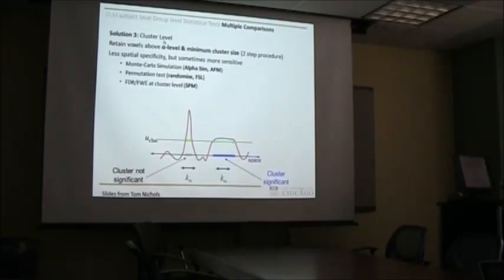But the second part of it is to also say, I want this activation level to spread for a minimum amount of space, right? So if it's just one voxel, I don't really think it's activation. I want to say, well, it should at least be 10 voxels. My activation pattern should at least be 10 voxels wide.